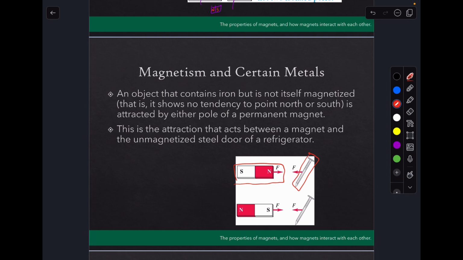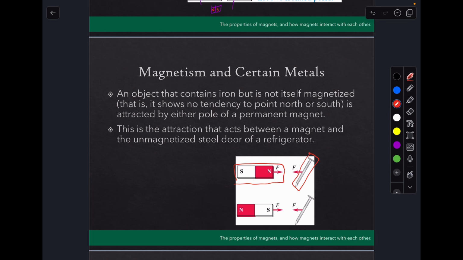And that's because of a very analogous reason to why charged objects would attract uncharged objects. So remember back in chapter 21, you had a comb, right, that you charged by rubbing it in your hair. And then as you pulled that comb away from your hair, the hair kind of was still sticking to it, right? Well, your hair wasn't charged, the comb was.